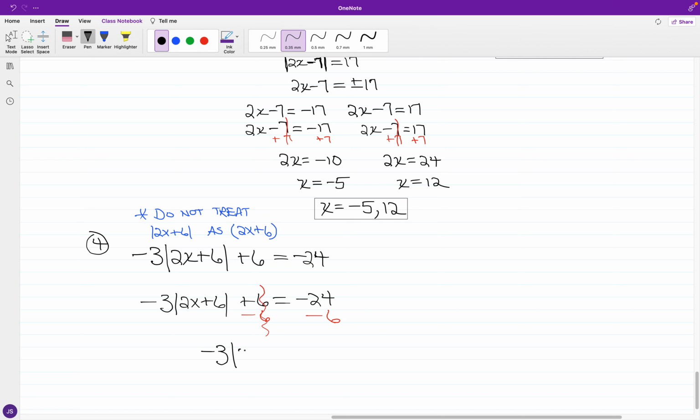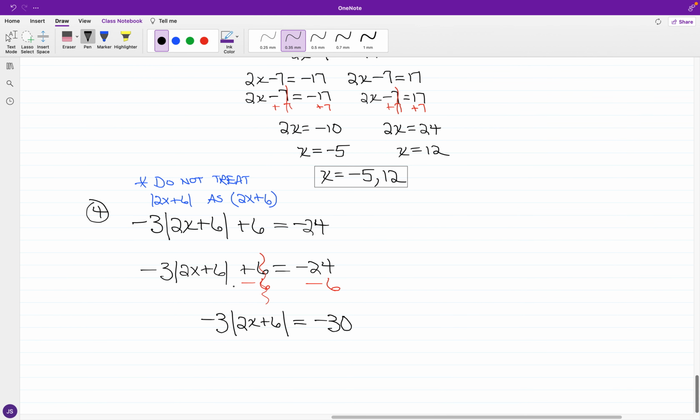So right now that's going to leave us with negative 3 times the absolute value of 2x plus 6 is equal to, and negative 24 minus 6, this is going to be negative 30. And to get the absolute value of 2x plus 6 by itself, I'm going to divide by negative 3.